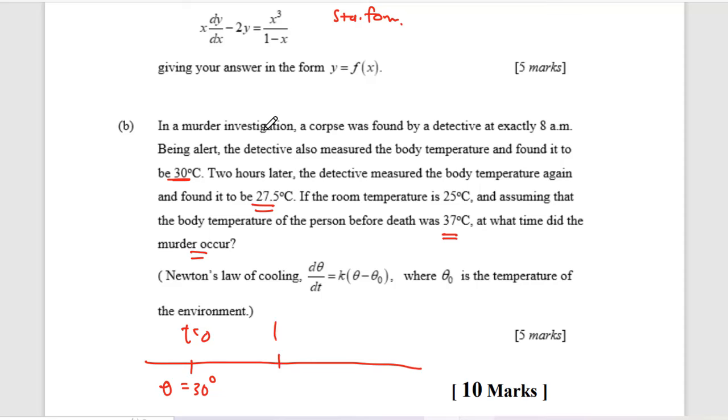Then 2 hours later, t equals 2, kita ada suhu dia 27.5. Okay, now kita nak tahu masa dia meninggal tu, dia punya body temperature sebelum meninggal adalah 37 degree Celsius. So θ dia 37 degree Celsius. So kita nak tahu berapa lama, t dia ni berapa bila θ dia sama dengan 37 degree Celsius.